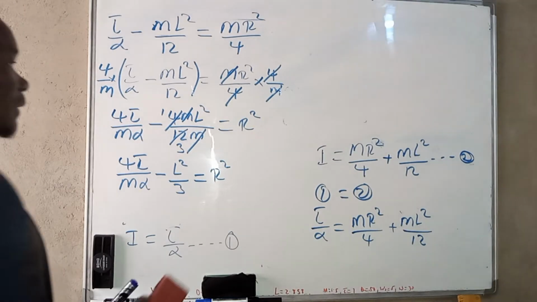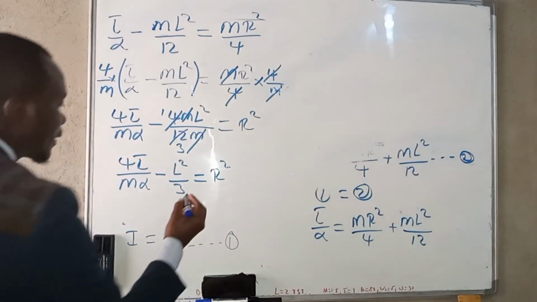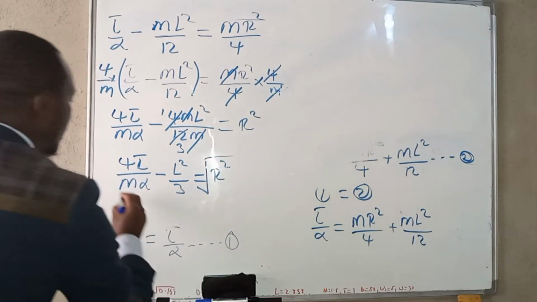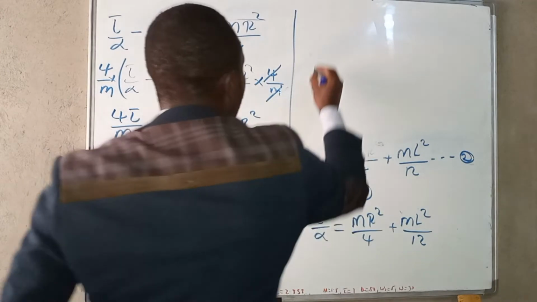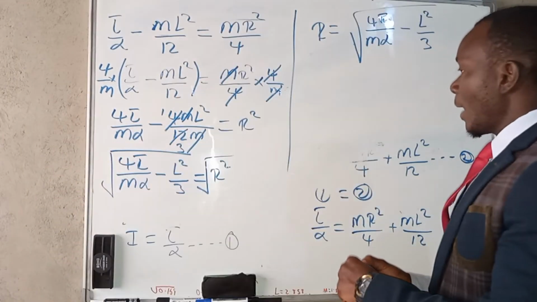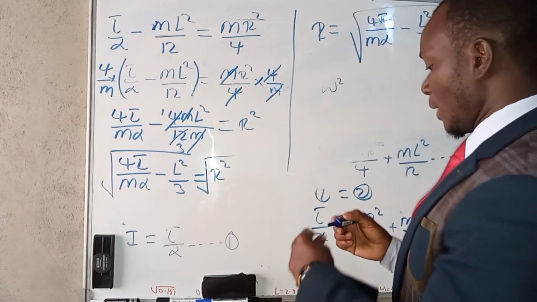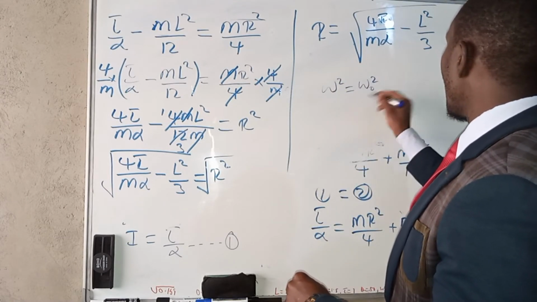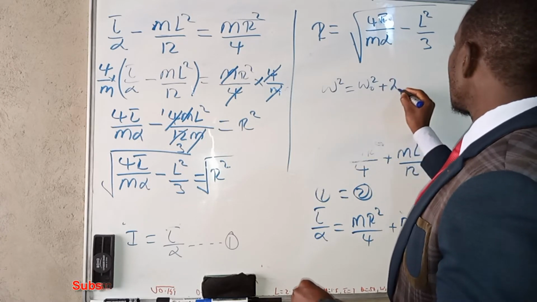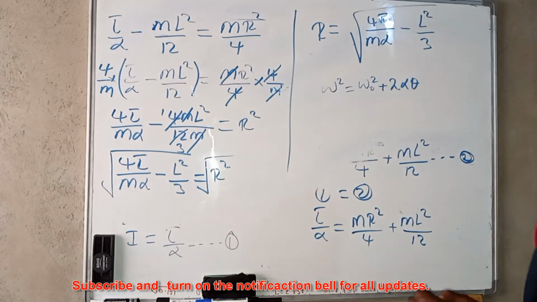From this point, if we introduce the square root to both sides, we are going to have R. But we know that angular speed squared is equal to initial angular speed squared plus 2 alpha times angular displacement.